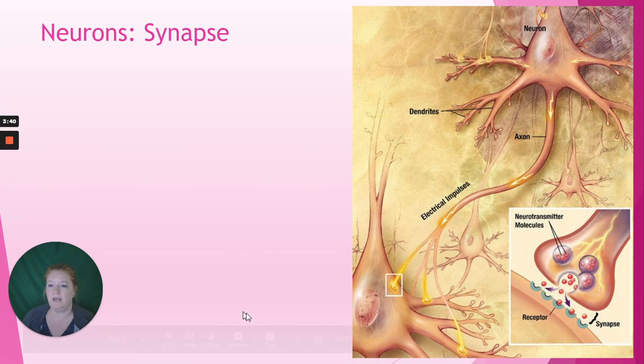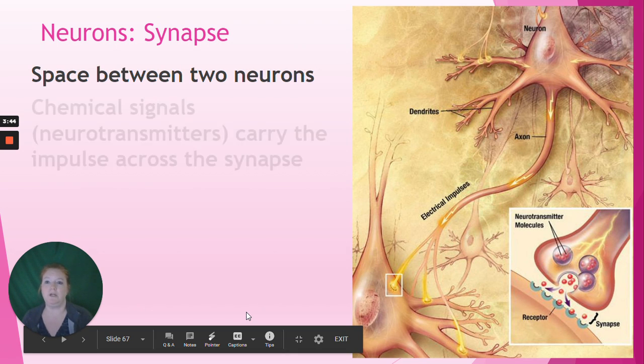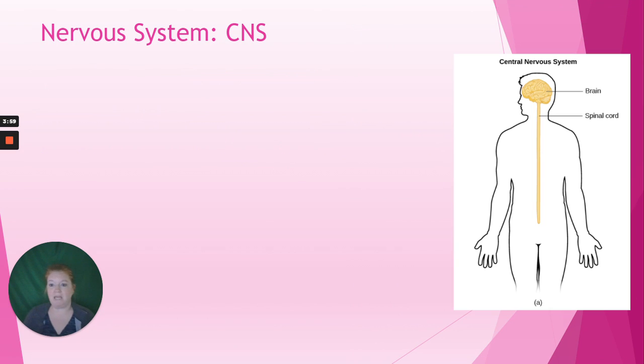All right, so what happens there? Chemical signals. Remember, hormones are chemical signals? Well, this is another type of chemical signal called a neurotransmitter, and they carry the impulse across the synapse. And then the nerve's signal gets continued.